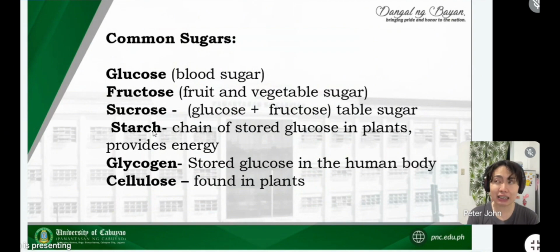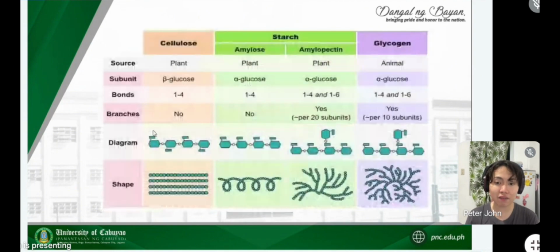At the same time, necessary siya for color mismo ng plants. Cellulose is also mas kilala bilang the most abundant carbohydrate in nature, kasi makikita natin siya everywhere in the form of leaves, the stem, and so on and so forth. Okay po?